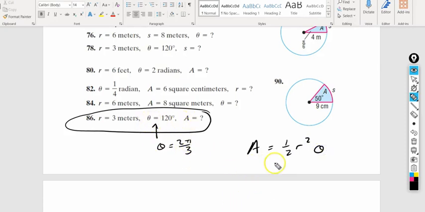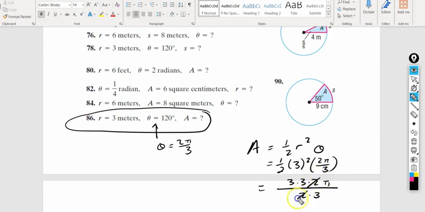So once you've made that change, you're going to have 3 squared in the numerator, and in the denominator, you're going to have that.